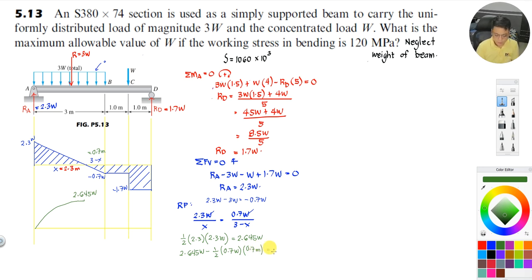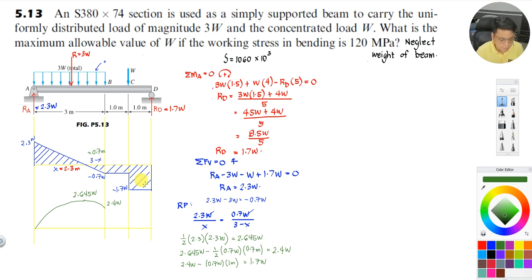So that is 2.645 minus 1/2 of 0.7 times 0.7, which is 2.4 of W. Up to there, that is the curve, and that is 2.4 of W. Then from 2.4 of W, we subtract the area of 0.7 of W multiplied by 1 meter, so 2.4 minus 0.7 gives 1.7 of W.